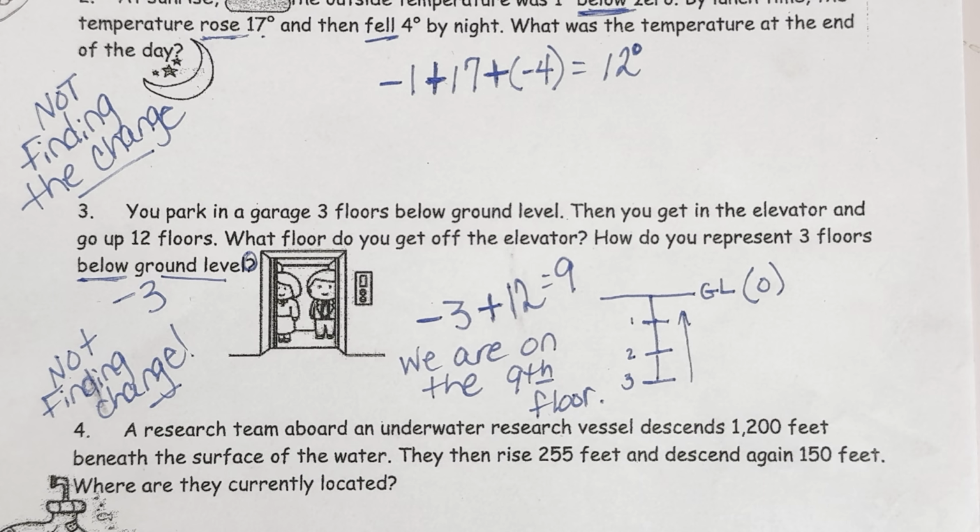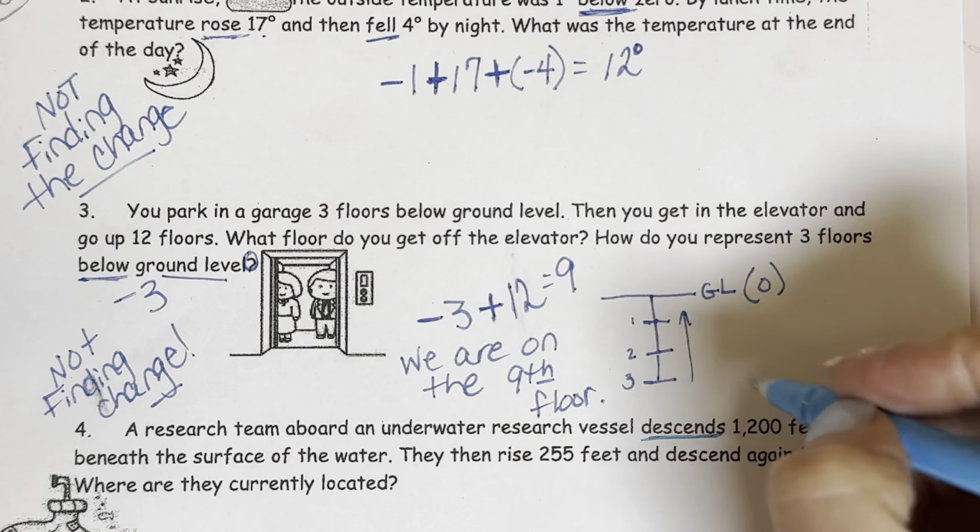All right, here we go. Number 4, a research team aboard an underwater research vessel descends 1,200 feet beneath the surface of the water. Well, let's talk about this vocabulary first. Descend means to go down.